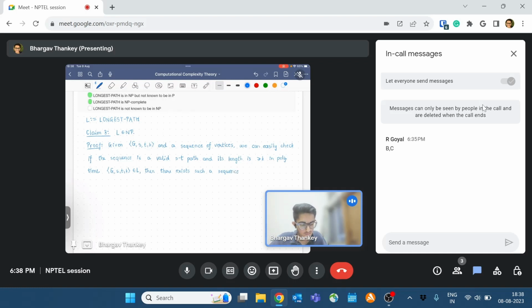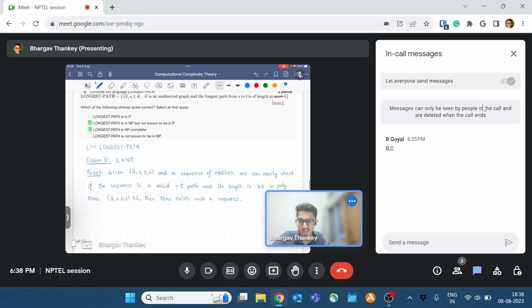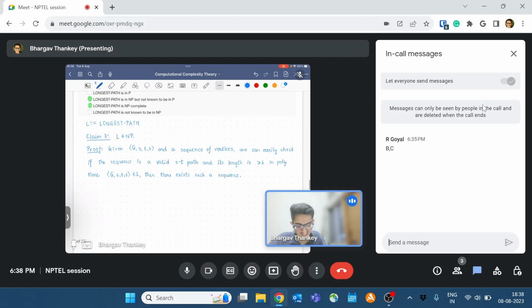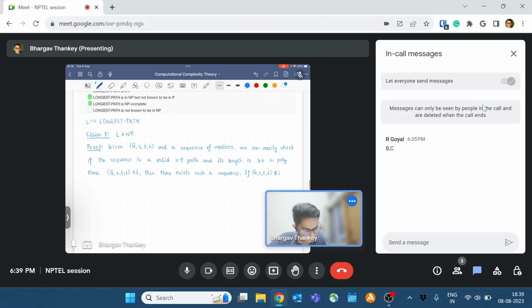Because this sequence can just be one of the paths of length at least K, and such a path should exist if G, S, T, K is in L. And if G, S, T, K is not in L, no such sequence exists.